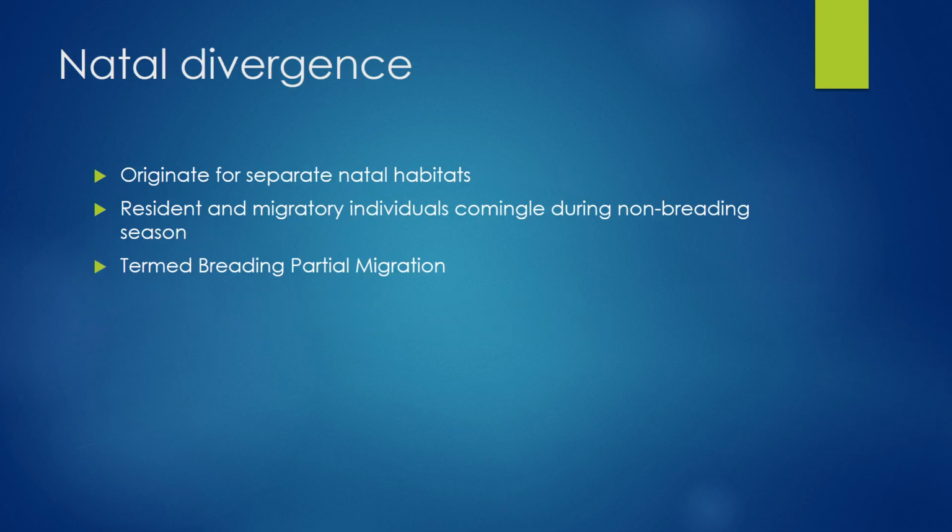So for natal divergence, the individuals were originally from separate natal habitats, and the residents and the migratory individuals will commingle during non-breeding season. This is termed breeding partial migration.